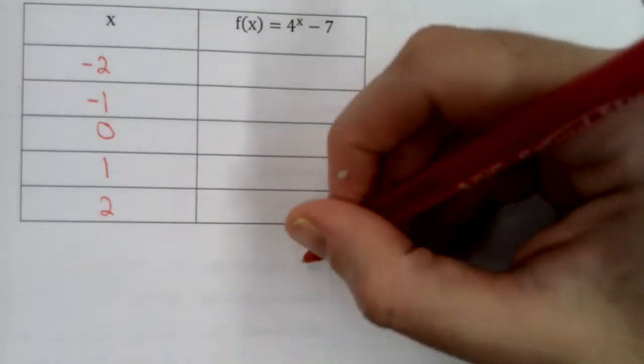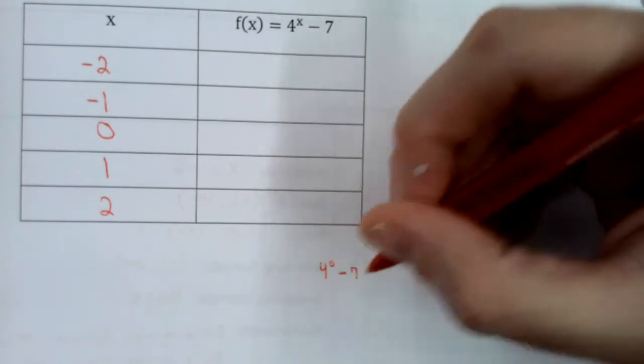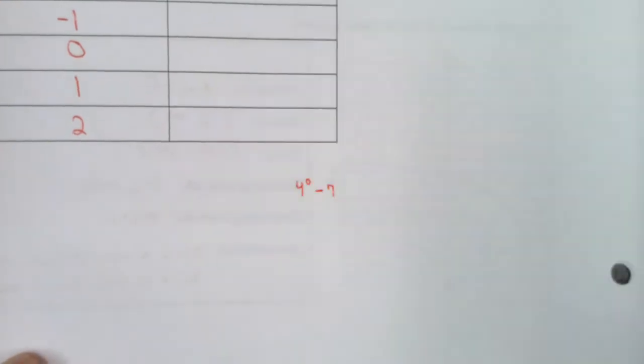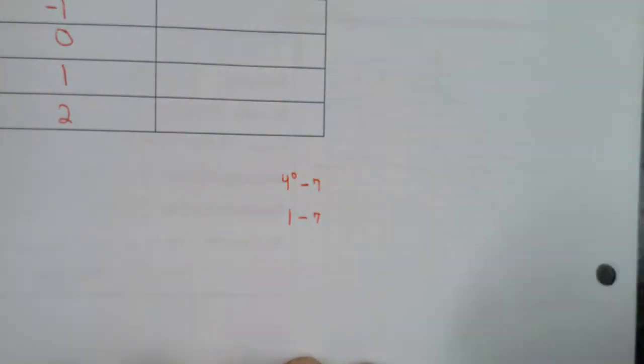4 to the 0 power minus 7. What's 4 to the 0 power? Anything to the 0 power always equals 1. So 1 minus 7 gives you negative 6.